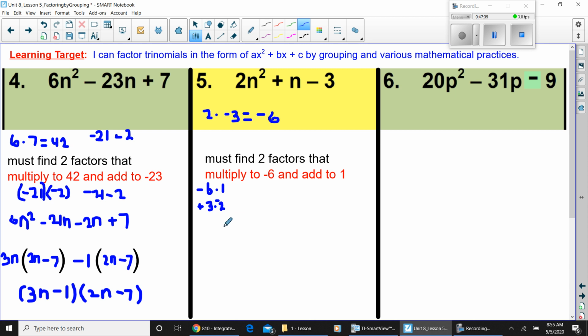So I'm just going to rewrite 2n squared plus 3n minus 2n and a minus 3.